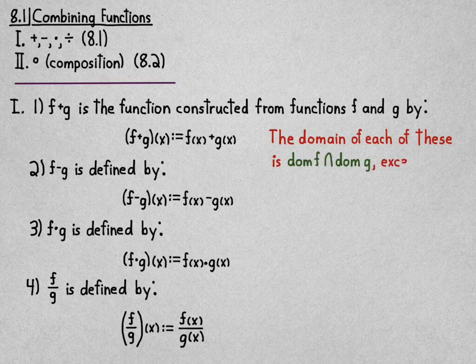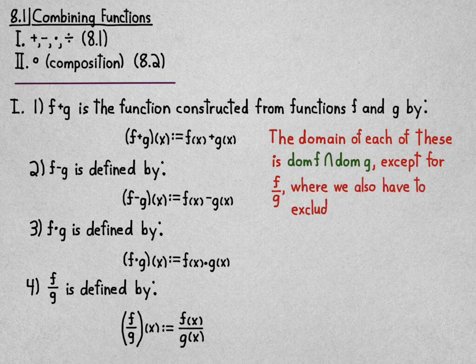This is just a definition of how you find the domain. The domain of each of these, the first three are going to have the exact same domain. The fourth one might be a little different because you're dividing by g, right? So the domain of each is the domain of f intersected with the domain of g. Why? Because in order to plug a number into the function f, it has to be in the domain of f. In order to plug a number into the function g, it has to be in the domain of g.